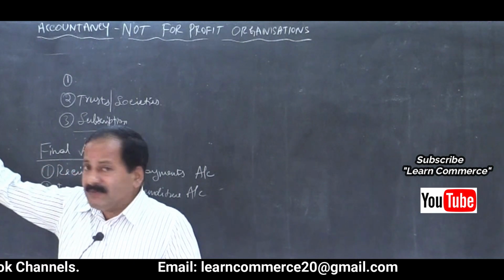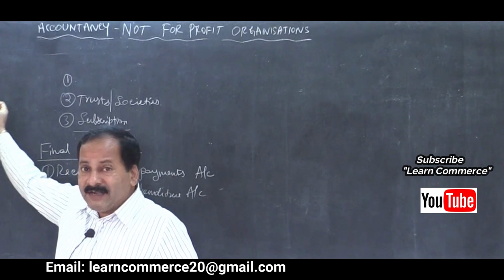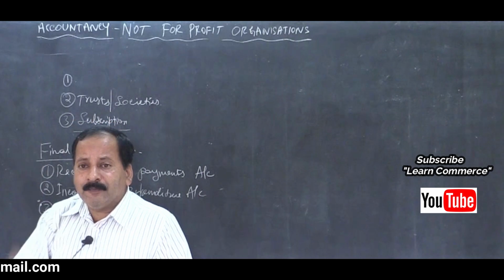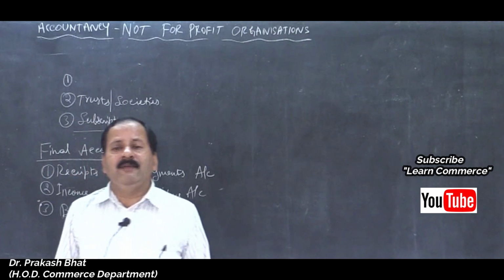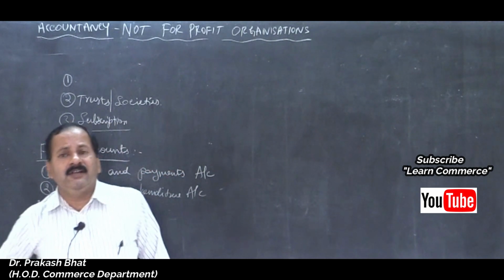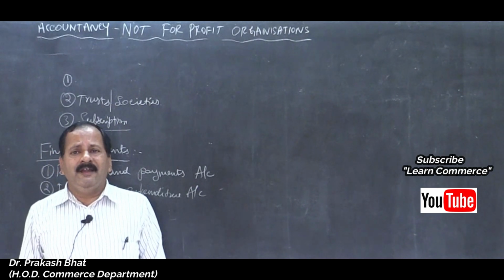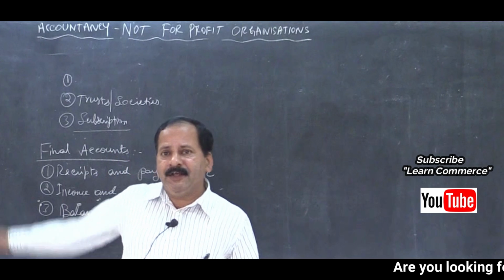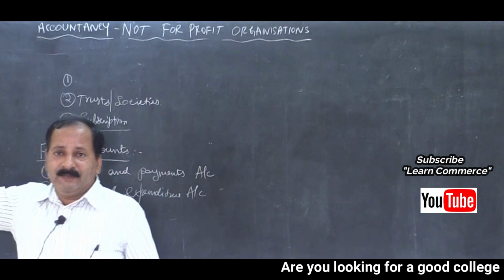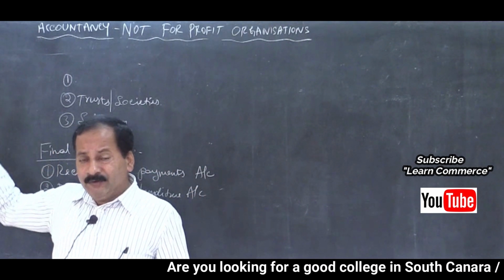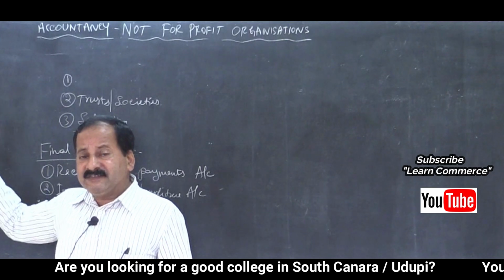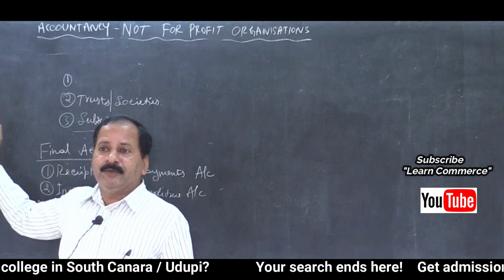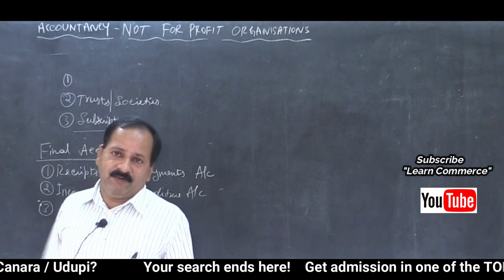Opening balance is the balance brought down, as whatever you write in a cash account. In the same way, a not-for-profit organization will create an account called receipts and payments account, and whatever cash is received will be entered on the debit side, and whatever amount is paid or any expenses made in cash will be credited to receipts and payments account.